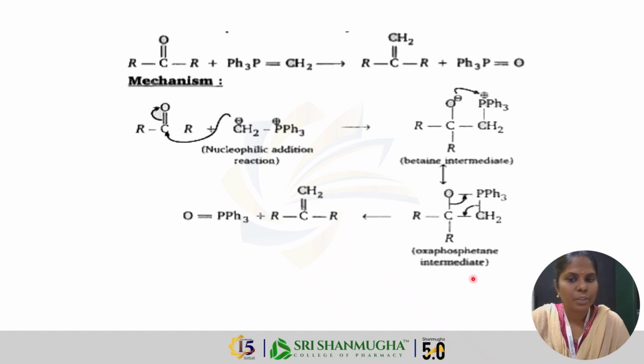This breaks down and leads to the formation of the main product, the alkene, and the byproduct, triphenylphosphine oxide. So in this reaction, two intermediates are involved: the betaine intermediate and the oxaphosphetane intermediate.